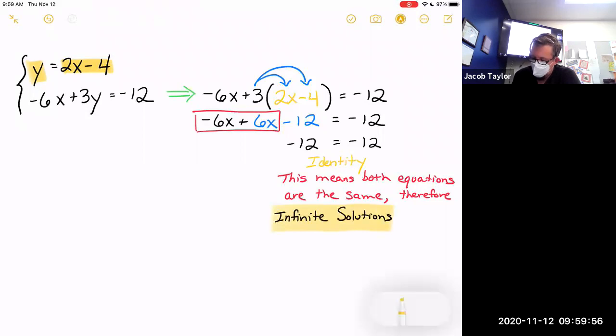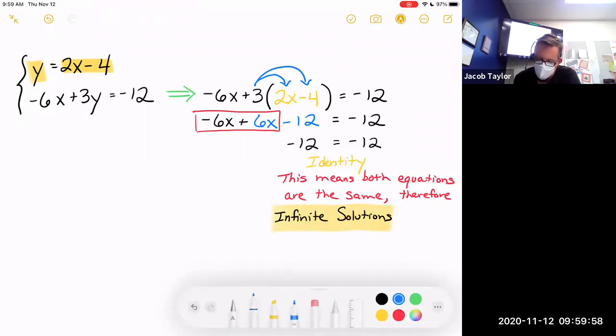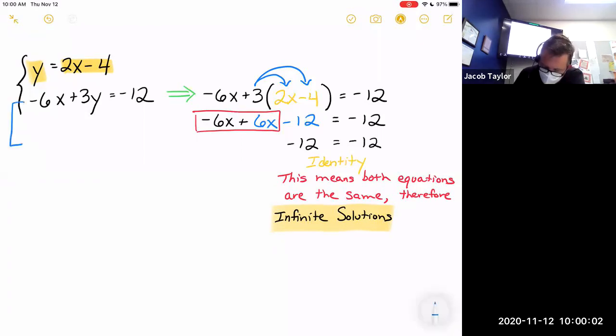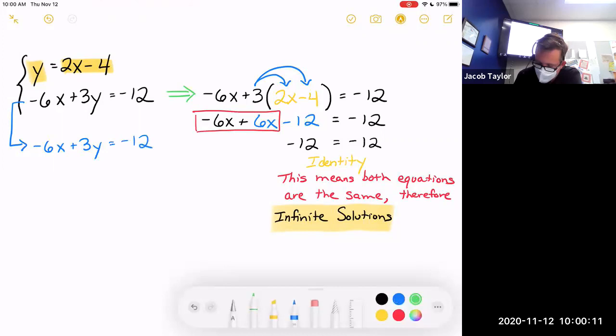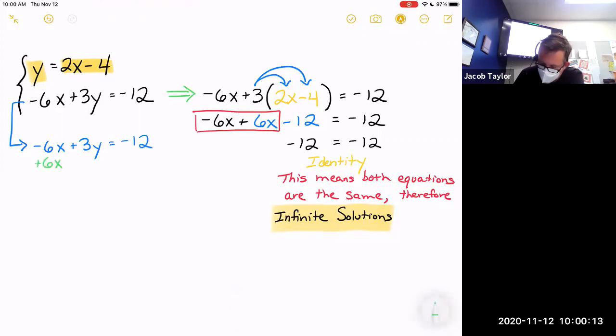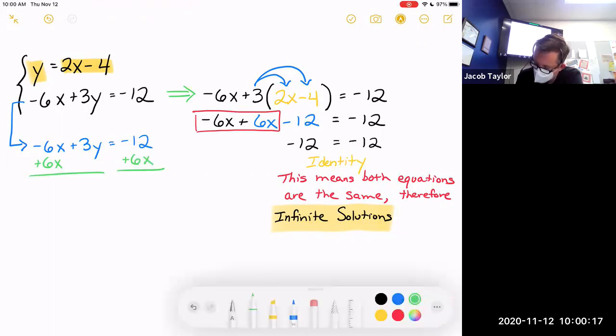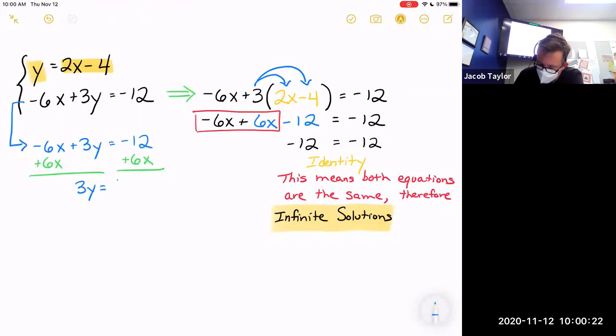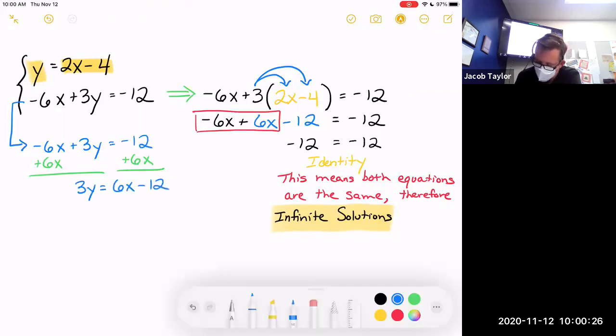Now I can prove that by going back to these equations, and the first one was in slope-intercept form, y equals 2x minus 4. Let's take the second equation and put that one in slope-intercept form, just for funsies. I know, I think it's fun too. So add 6x to both sides. Just trying to get y isolated. As opposed to what my last girlfriend did, which was to isolate her x.